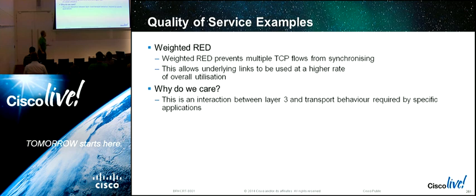And of course, why do we care? Because we want to know how applications behave and what the relationship of an application is to the layer 3 environment, right? I had a call from a TAC team, and they said, can you come take a look at this customer?